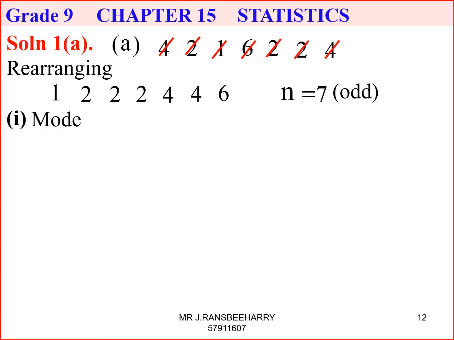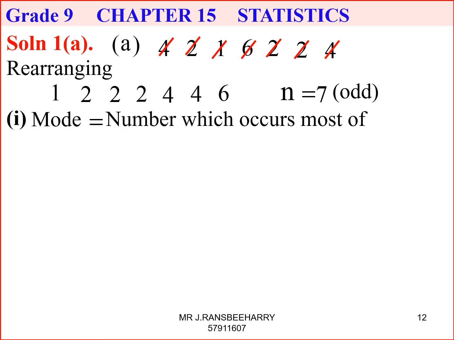Firstly, mode. Mode is a number which occurs most often, or the highest frequency number. The number which occurs most often is 2. We have 2 three times. So the mode is the number 2. Secondly, mean.